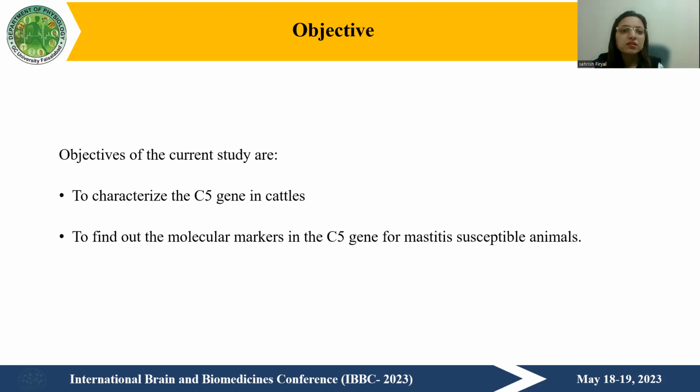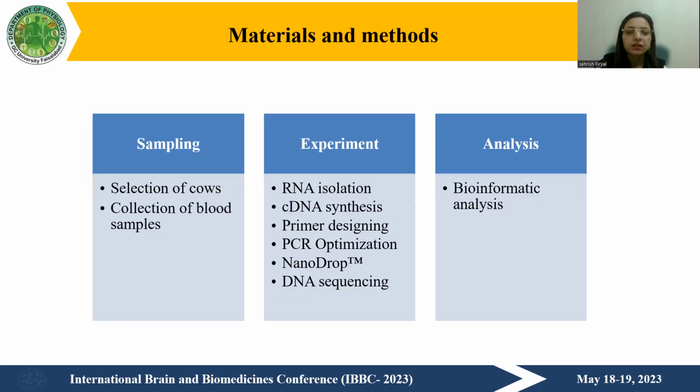The objectives of the current study are to characterize the C5 gene in cattle, as well as to find out the molecular markers in the C5 gene for mastitis susceptible animals. Materials and methods are divided into three phases. The first one is the sampling, which includes the selection of cows and the collection of blood samples.